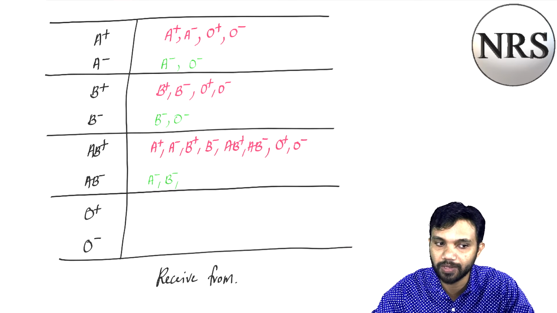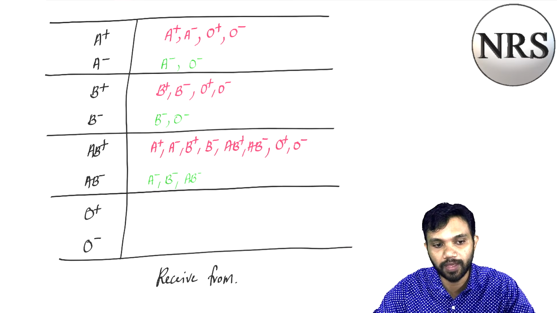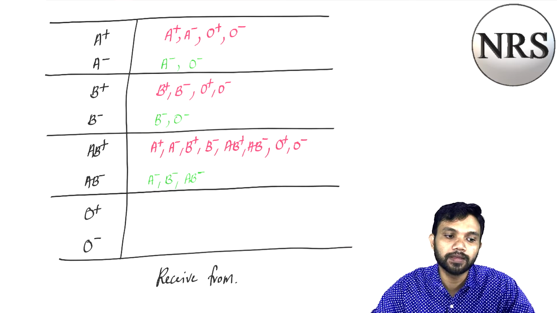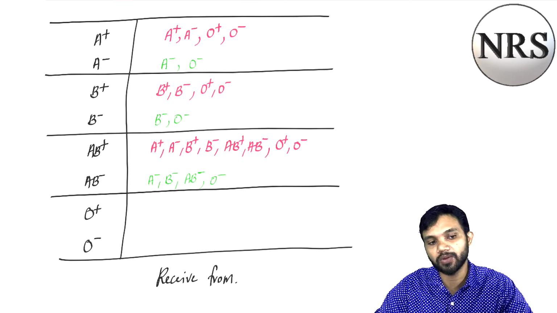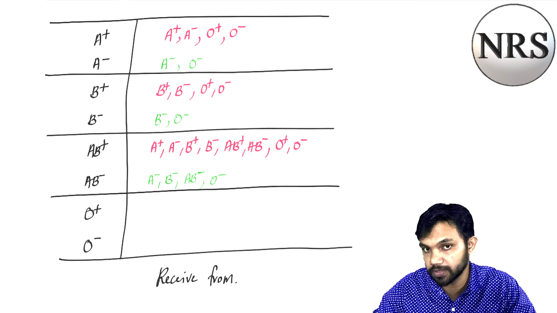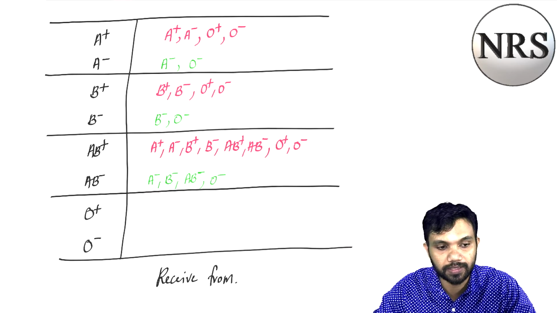No, definitely not, because they don't know what the RH antigen is. So they can receive from AB negative and O negative. They cannot receive from any positive people. You should be very aware of this.